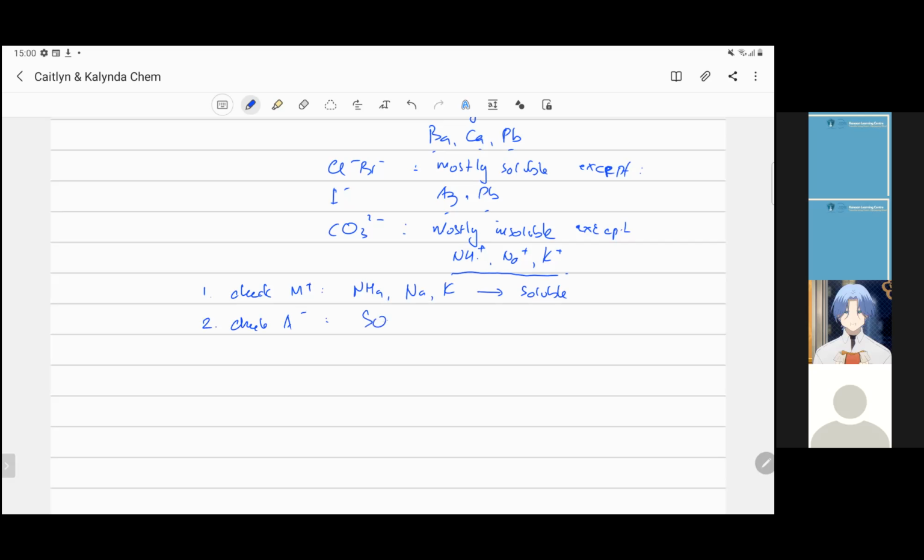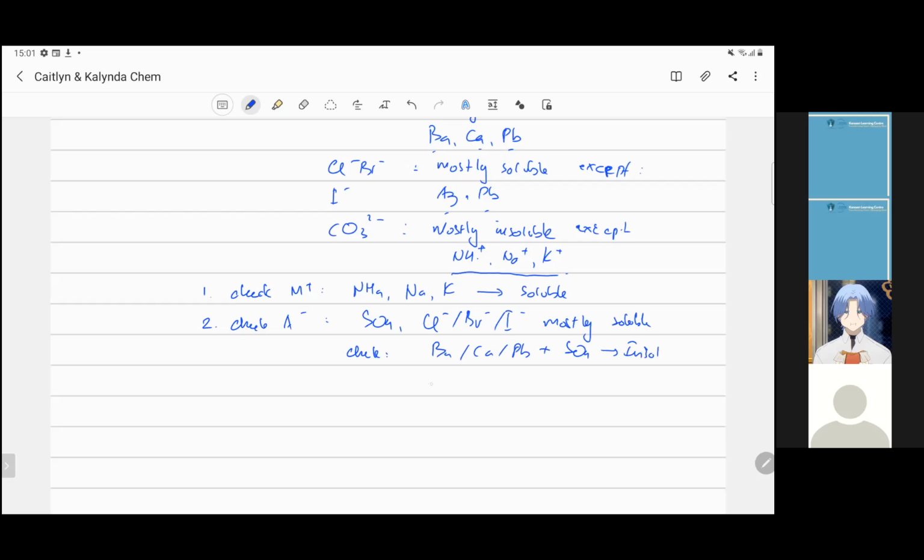If they are sulfate, or the halide trio of chloride, bromide, and iodide, they are mostly soluble, but check for special cases. Do we have Ba or Ca or Pb plus sulfate? They become insoluble.